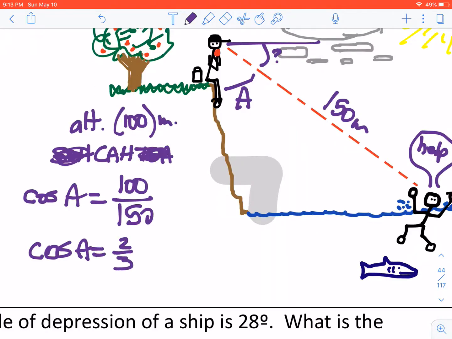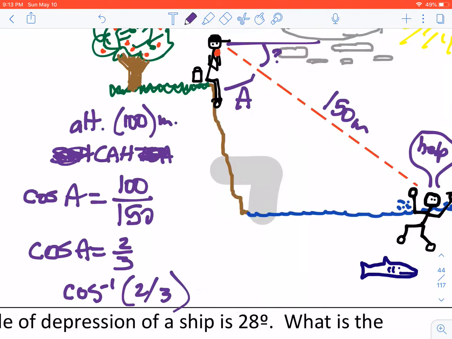All right, I'm going to go to my calculator, type in 2/3, and then hit that inverse cosine key. Sorry, got to hit inverse cosine first, then 2/3. And I get 48.2 degrees. So this is what I did.